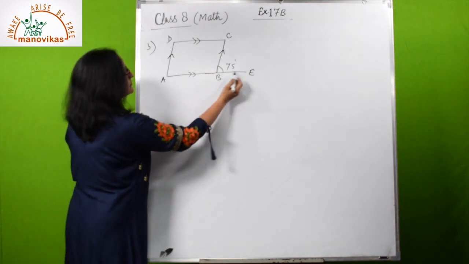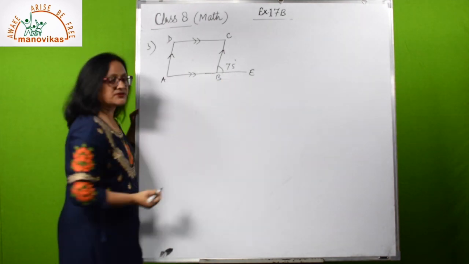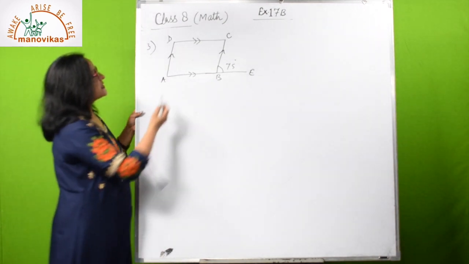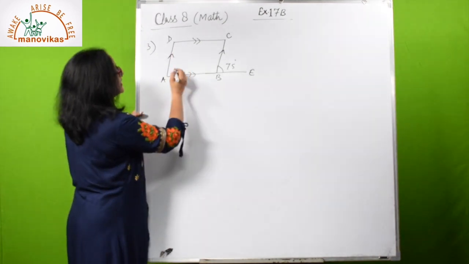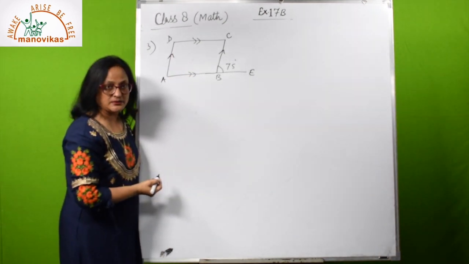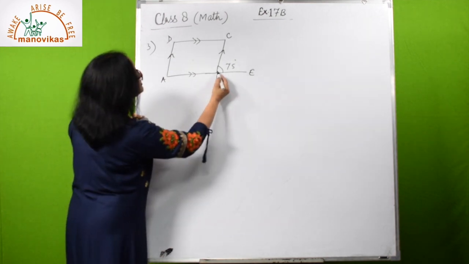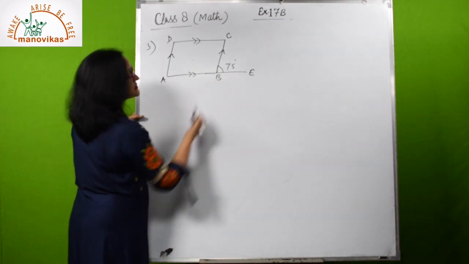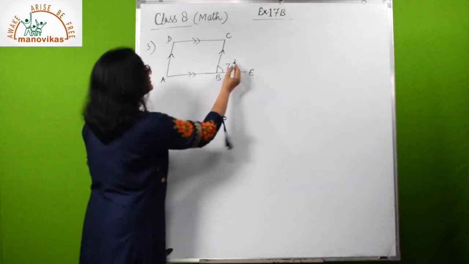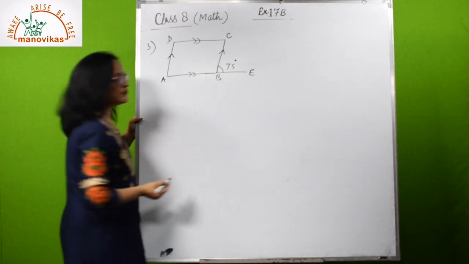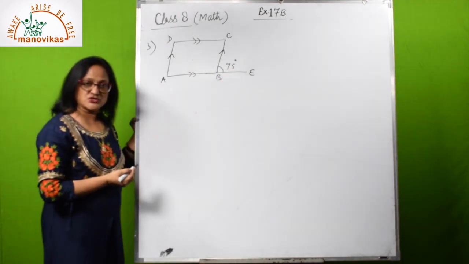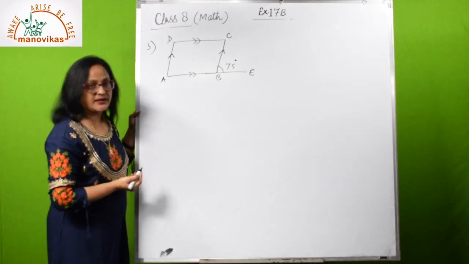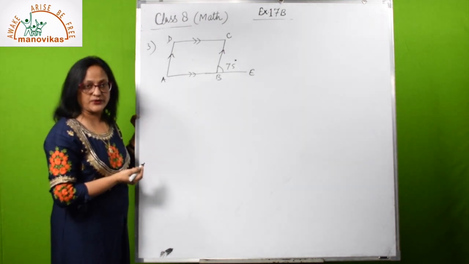Now this is question number 3. ABCD is a parallelogram and here the angle is given 75 degree. So you can see in the parallelogram you are not given any angle, but here exterior angle measure is given as 75 degree. So in the beginning, as I told you, you have to make the connection between the angle given and the angle that is to find.